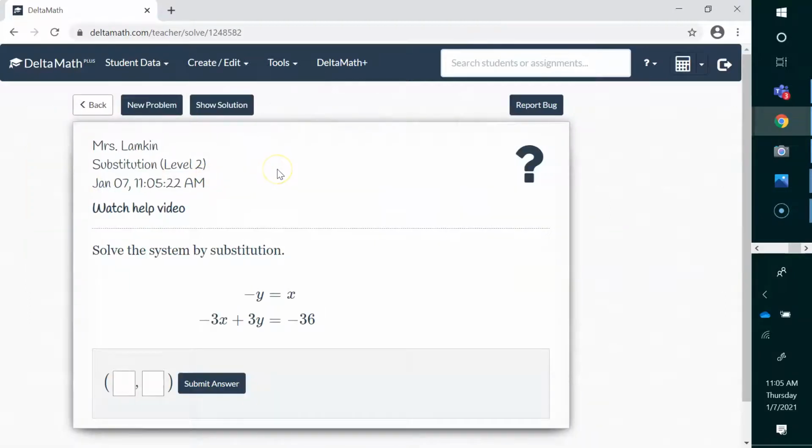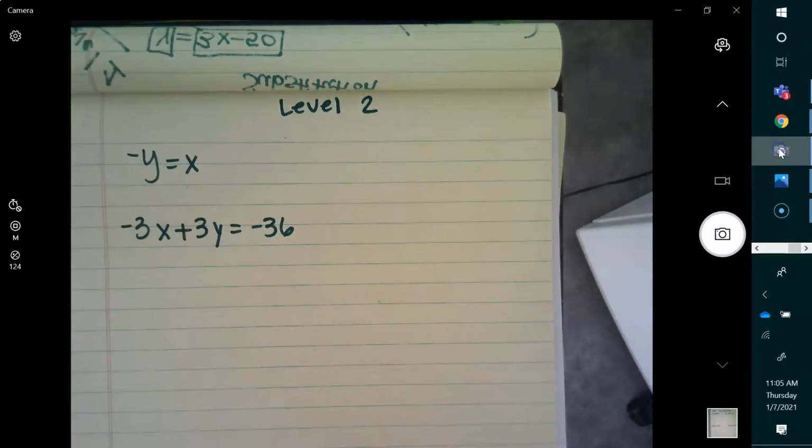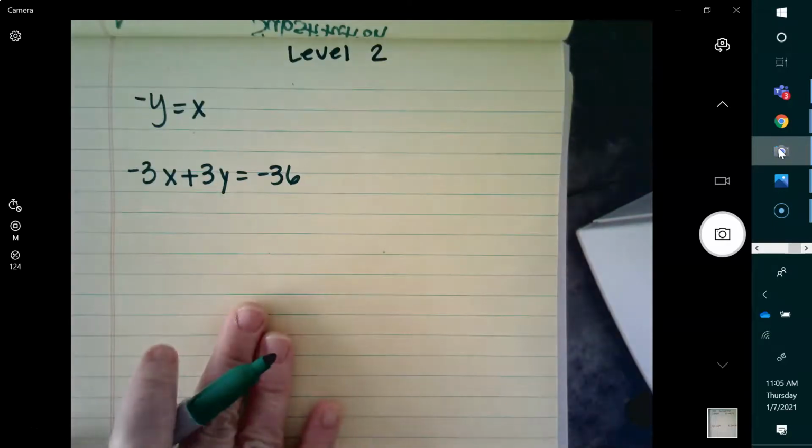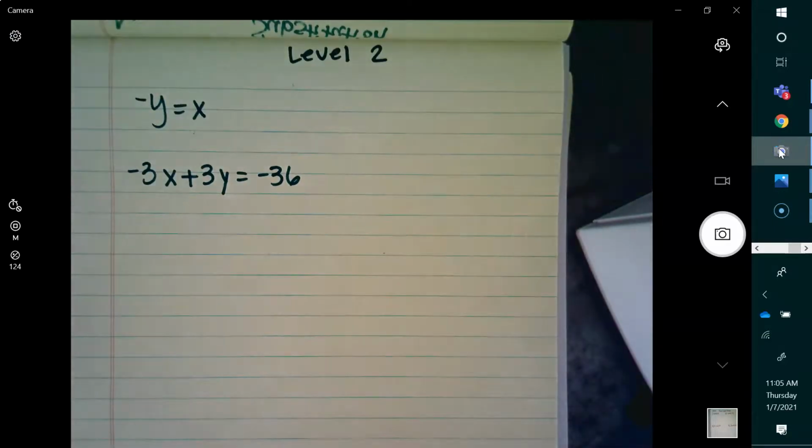Let's look at a level 2 problem. The level 2 problem looks a little bit different. So I've got that written on my paper. I'm going to go over here and we're going to work it. Level 2 problem. I see in this problem the letter x is isolated.